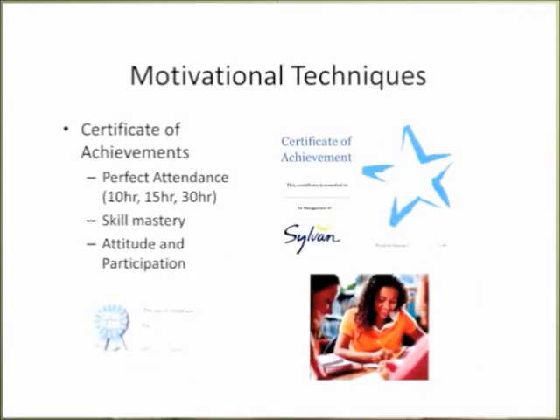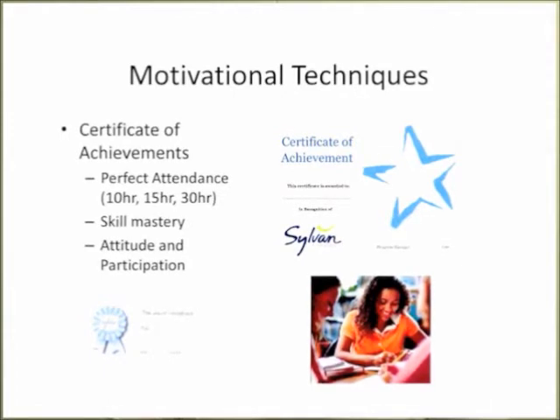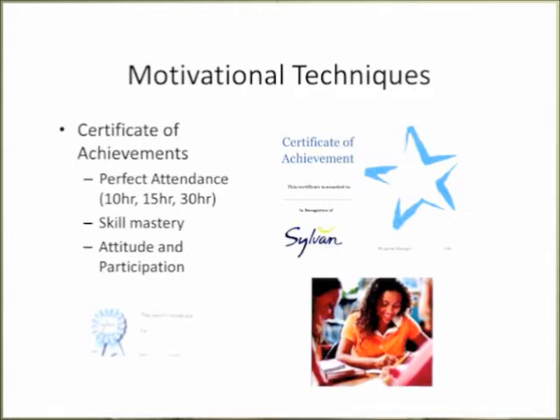Another tool is the certificates of achievement. You can use this tool in a couple of ways. We have perfect attendance awards, and these awards are given with token value. For example, you can give a 10-hour perfect award to a student for coming for 10 hours consecutively. They also can be worth 15, 20 tokens.